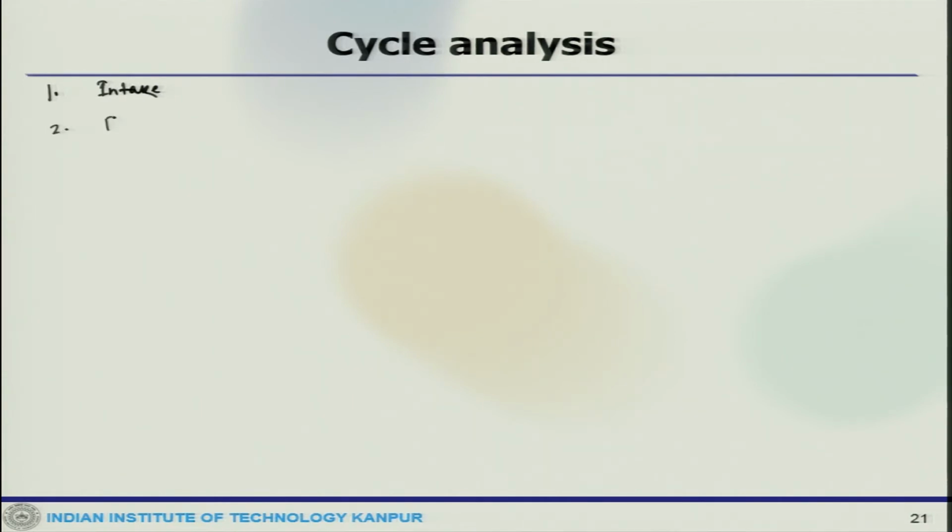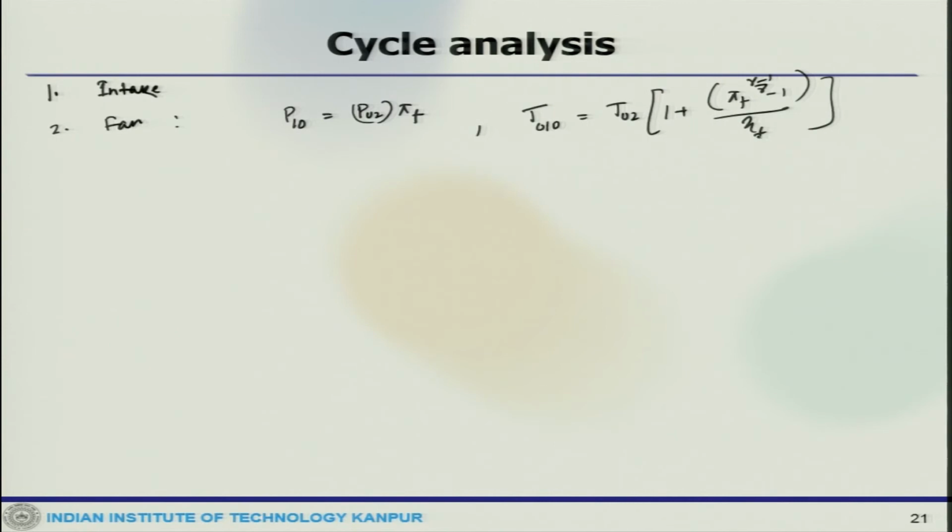Then we have the fan. A similar analysis to the compressor can be done. So, you can see the fan pressure P010 would be P02 into pi F, which is the fan pressure ratio. Then we can find T010 as T02 times 1 plus pi F to the power gamma minus 1 by gamma, divided by eta F, the fan efficiency.